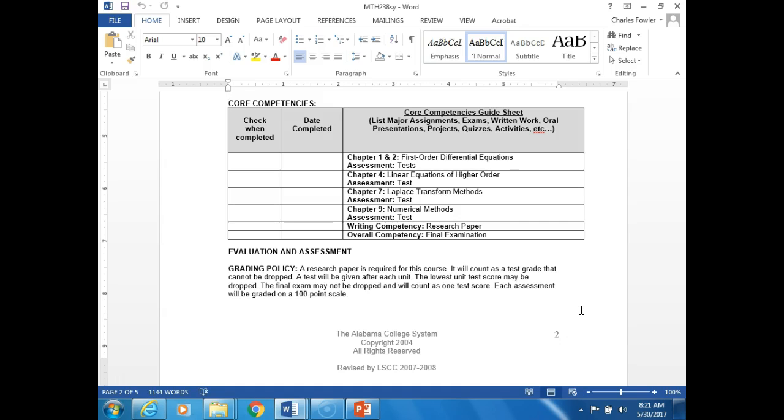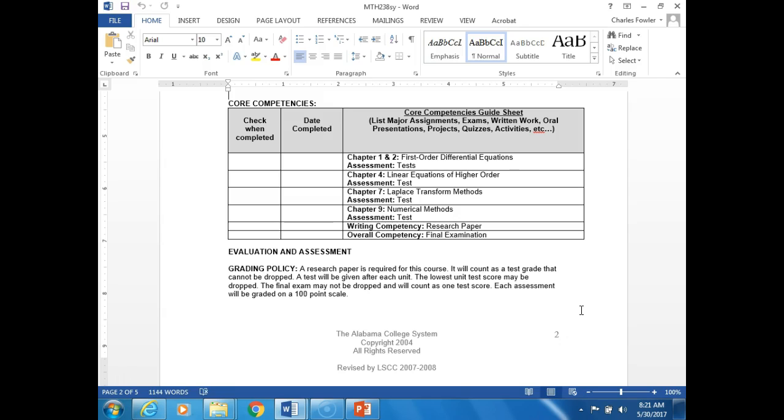I'll give you a short, quick test after chapter 1. Then we'll move into chapter 2, which is your big chapter, and it'll take a long time to get through, and then we'll have a test on that one. And then after chapter 4, we'll have another one, and if we get into chapter 7, we will have one after that. I don't know if we'll get to chapter 9 or not.